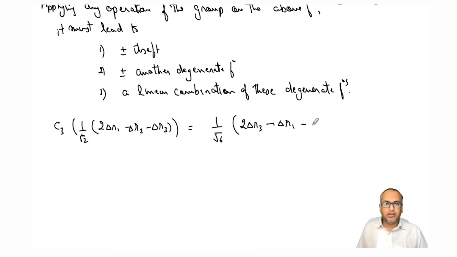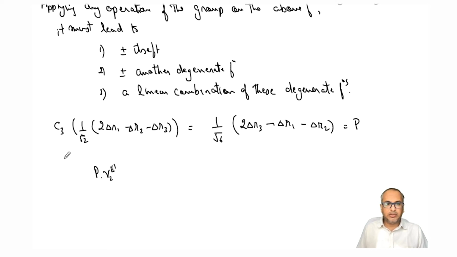Let's call it function P. Now we have to test whether P and nu 2, E prime, which we got earlier, are orthogonal.